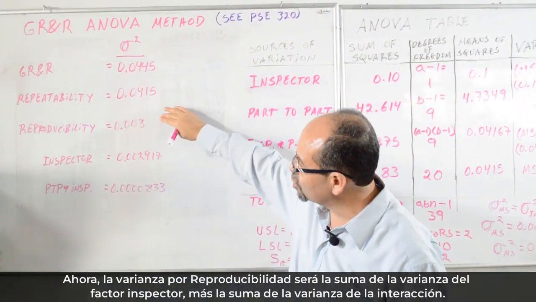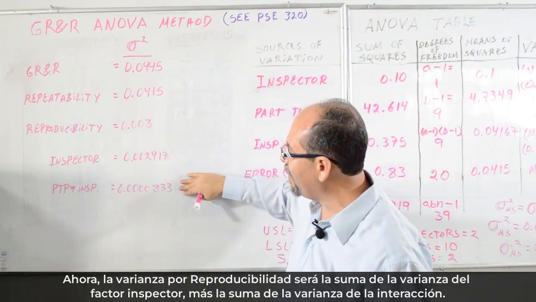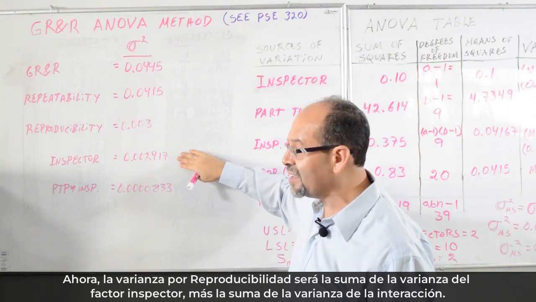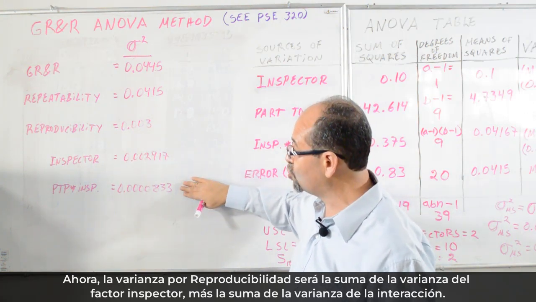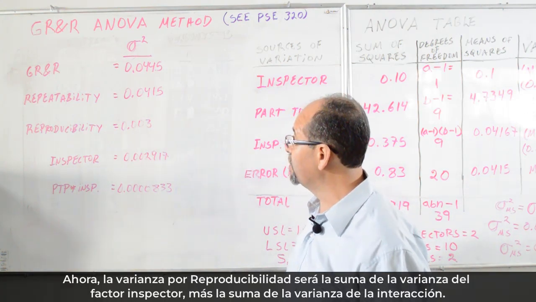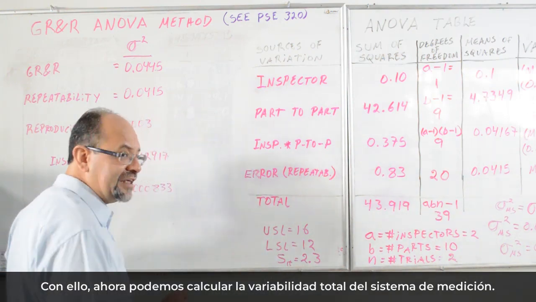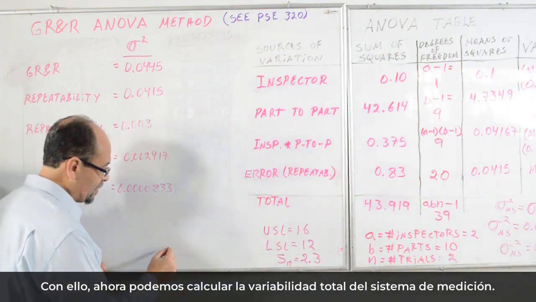Now, the variance because of reproducibility will be the sum of both variances, the variance of the inspector plus the variance of the interaction, and we will call that reproducibility. With that, now we can calculate the total variability because of the measurement system.